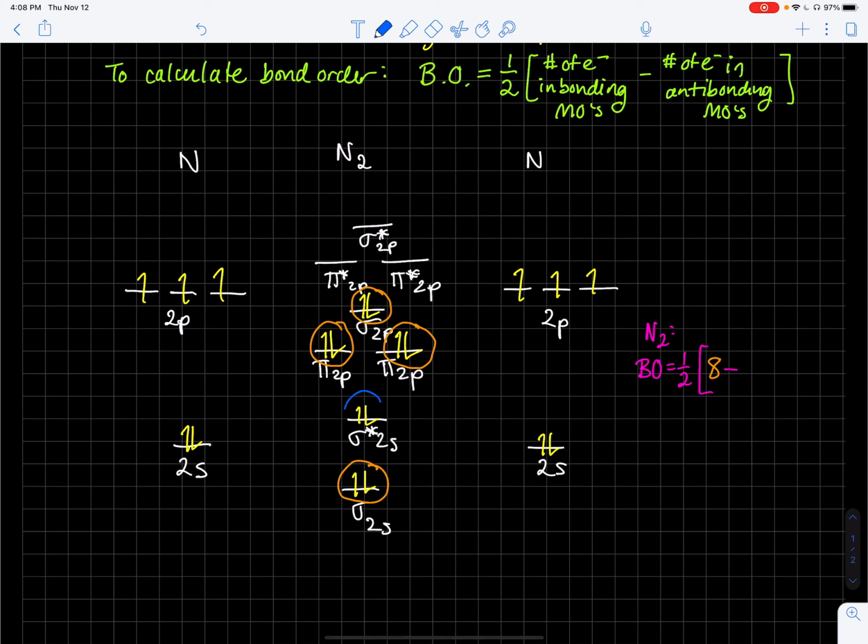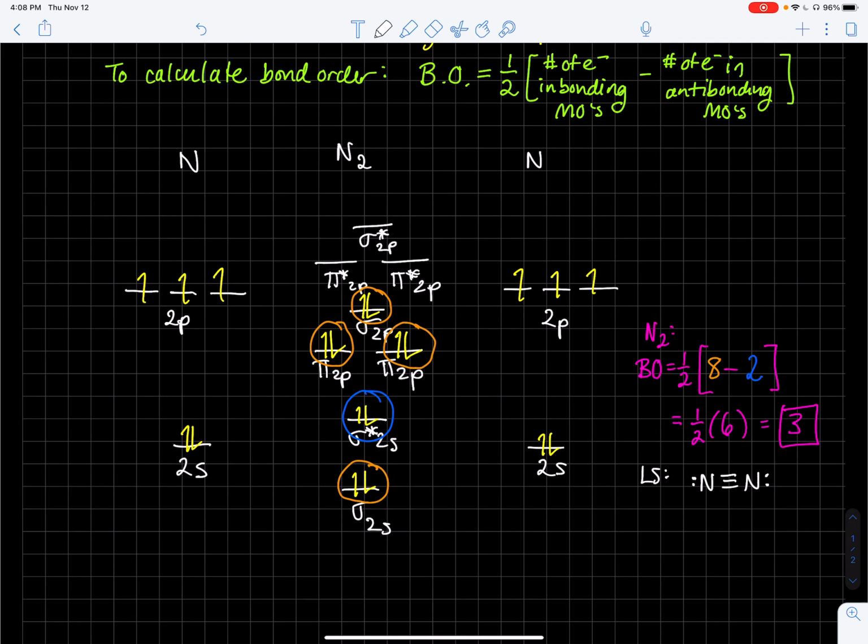Well, I only have these 2. The only antibonding orbital that's occupied is the sigma star 2s. So I'll subtract those off. And the bond order of N2 is equal to 1/2 times 6, or 3. The bond order of N2 is 3. That shouldn't shock you because the Lewis structure that we draw for N2 in fact has a triple bond.